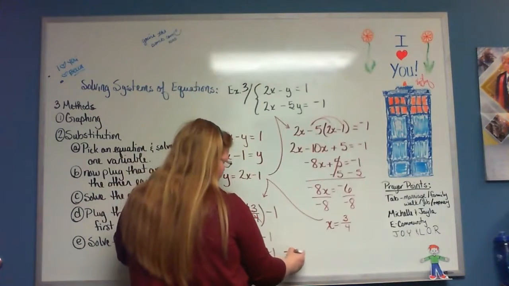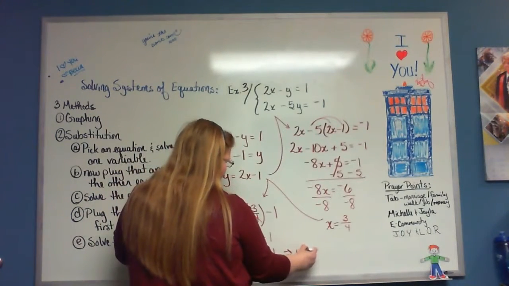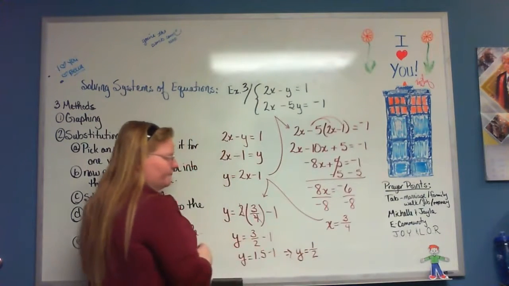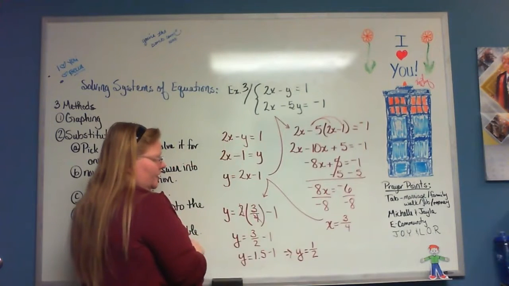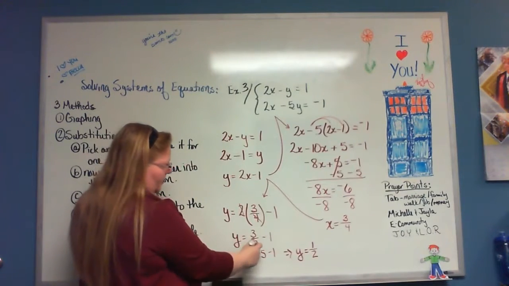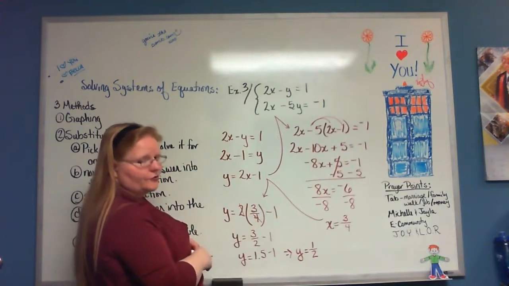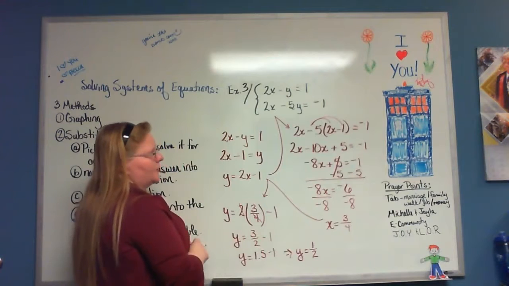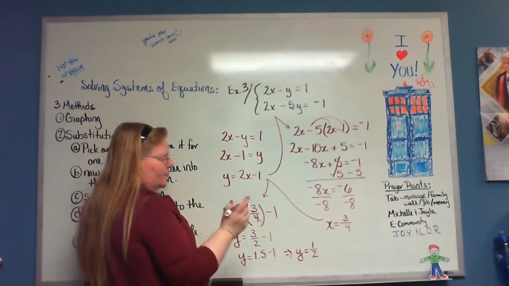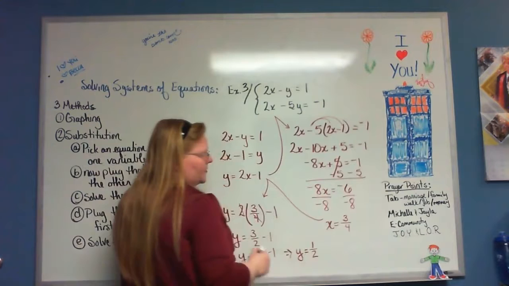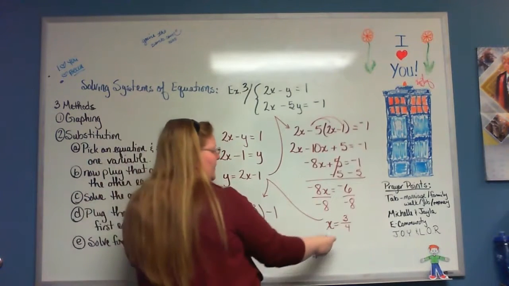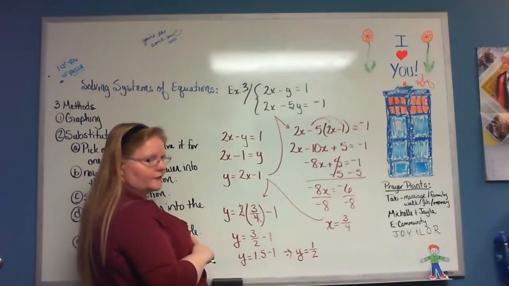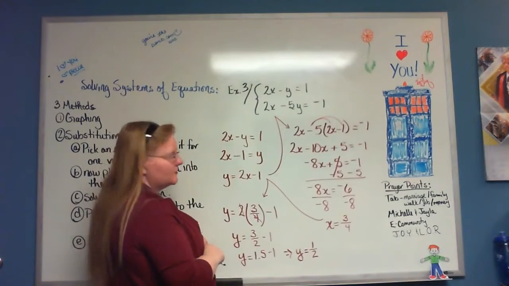Which just means that y is equal to that 0.5 or that 1/2, however you want to put it. I'm choosing to put it as 1/2. I could have made it 1.5 there. I could have left it as 3 over 2, but I was trying to make things easier on you. I choose to leave it as 1/2 because this one is the 3/4. If I would have stuck that into a calculator and gotten 0.75, then I'd have left this as 0.5, just so I could match, that's all.